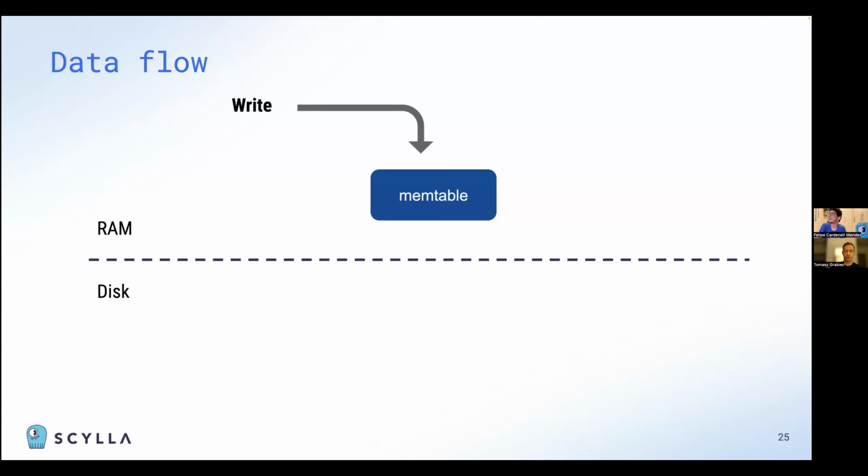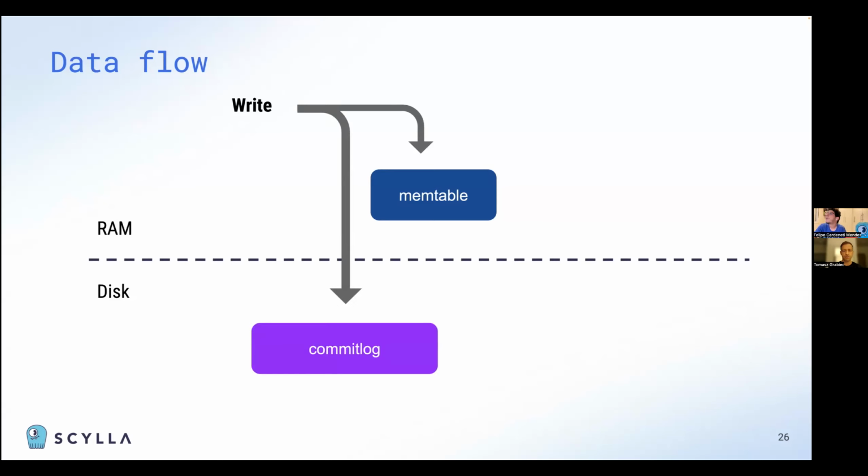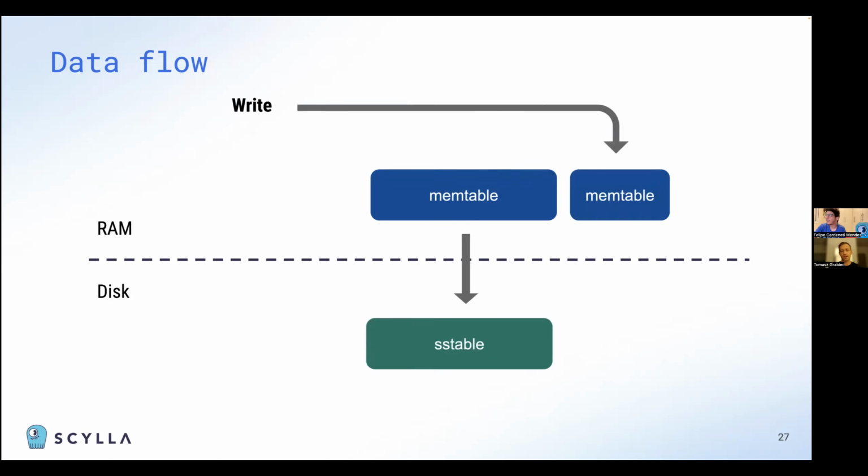When there is a write to the database on the replica side, it first lands into a data structure which is called a memtable, and this data structure lives in RAM. And of course, we also write it to the commit log for durability, but this is not relevant for this talk. And later, when the memtable is large enough, we flush it to disk into something which is called an SSTable.